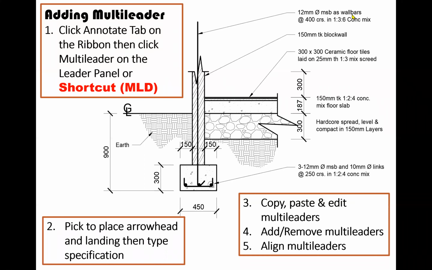As wall bars at 400 centers. So again, we're having a dimension. Now this one did not have any quantity in it because in this specification you would not tell how many.